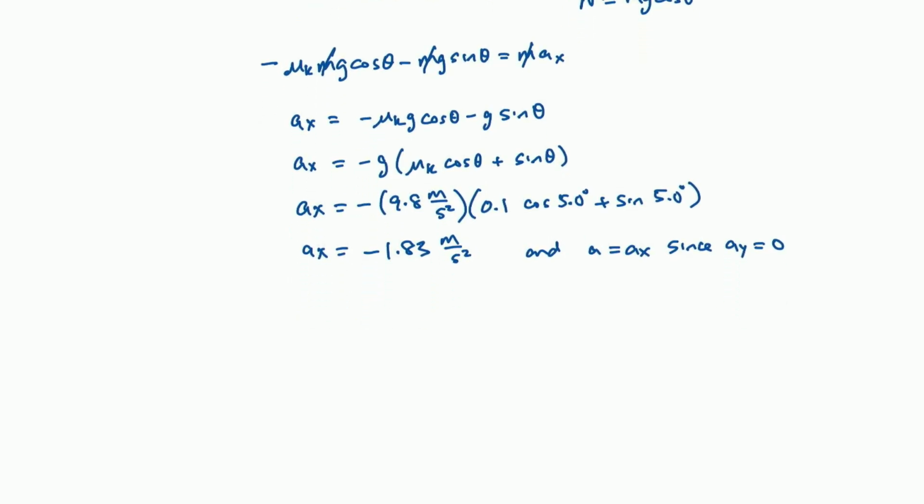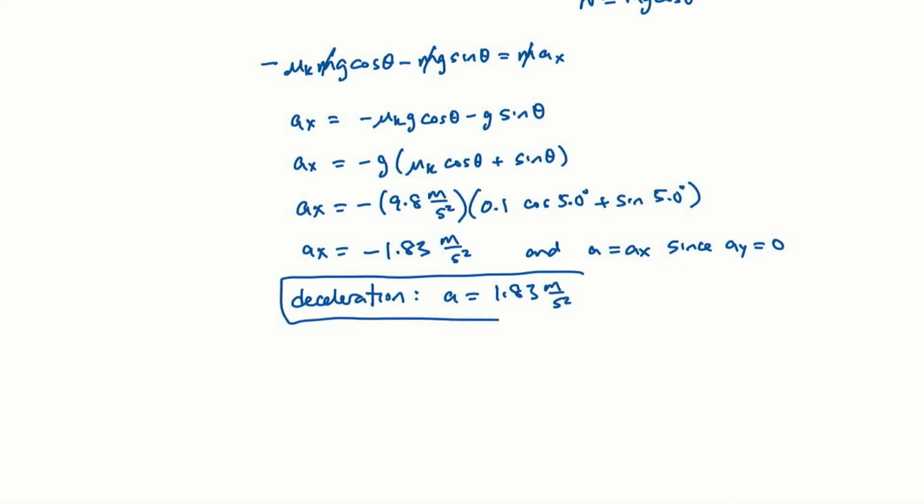Now, technically speaking, we were looking for deceleration. And so we would say a is just 1.83 meters per second squared. The word deceleration implies the minus sign. So either way, it will be fine.